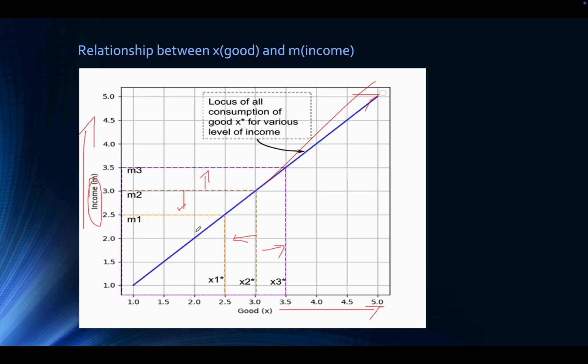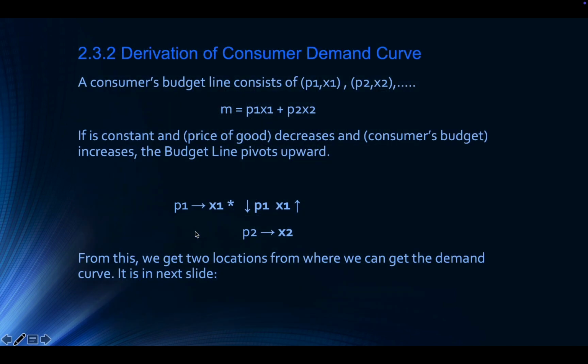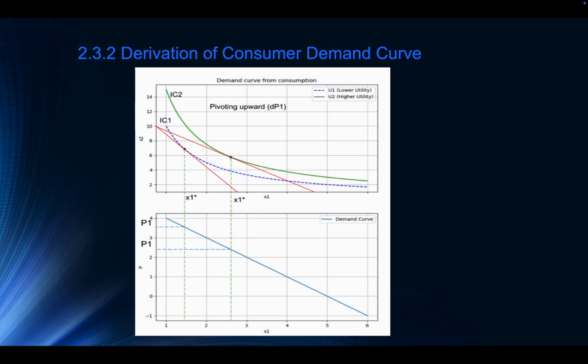After this, here are some mathematical expressions for a new topic, which is the derivation of the consumer demand curve. Here the mathematical expression is m equals p1 x1 plus p2 x2. I will go into detail in the graph. So what is the meaning?